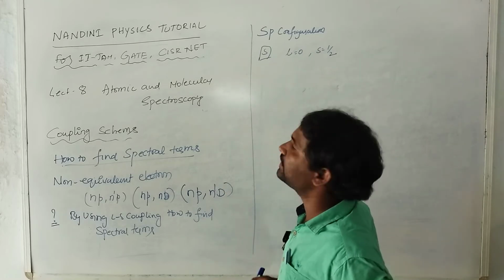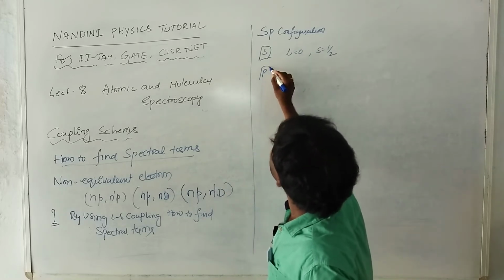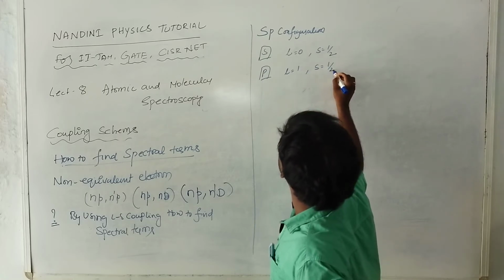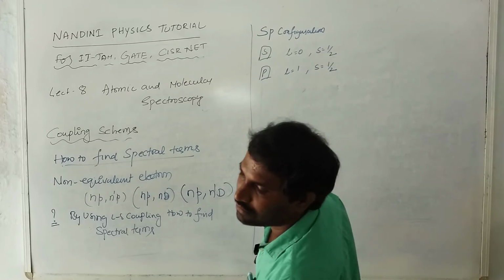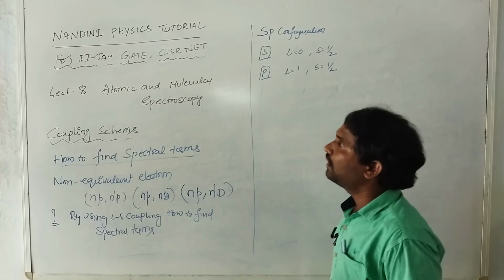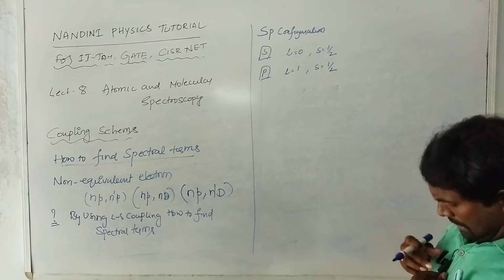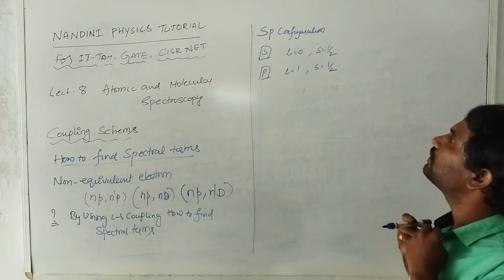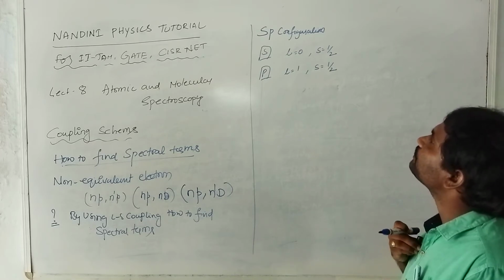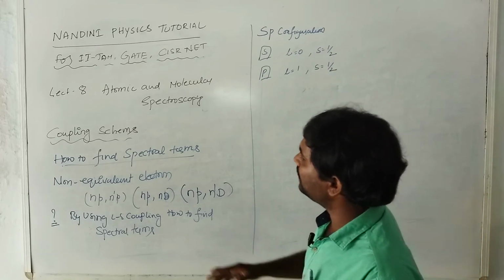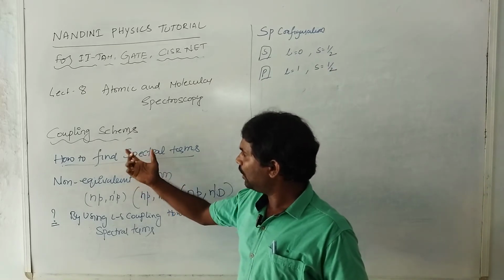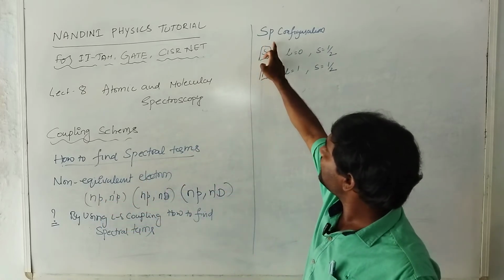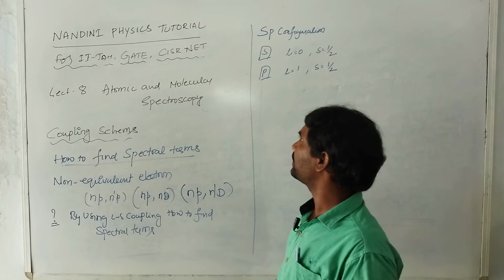For the S state, L equals 0. For the P state, L equals 1 and S equals 1/2. This is the first case. These are non-equivalent electrons, because the P state is different and the S state is different.